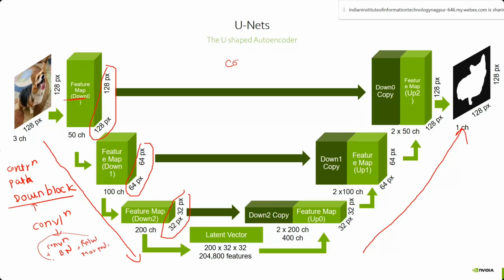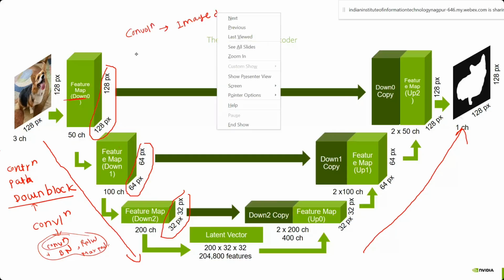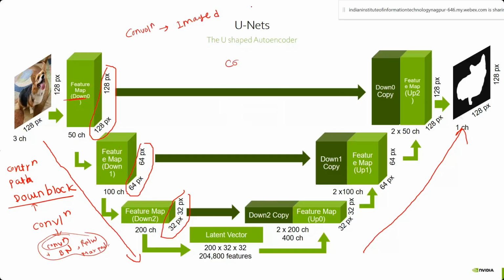So this is what is inside one down block. If you remember, after applying the convolution operation, image dimensions would be reduced if padding is not used, right? So during the down blocks you are reducing the dimensions of the image.